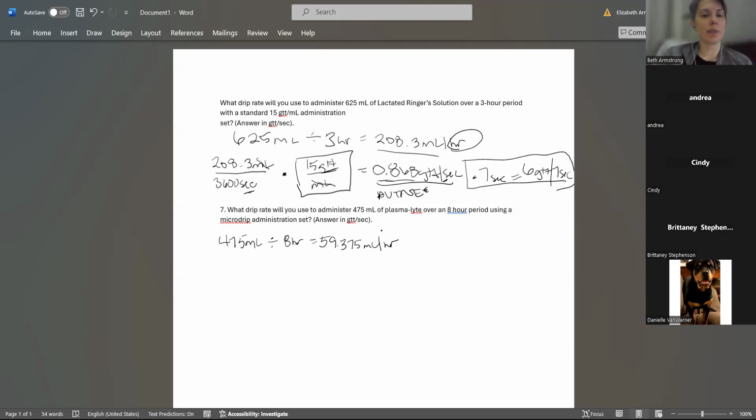So that was step one. What's our next step? Convert that to seconds. So we take our 59.375 mLs, and then how many seconds? 3,600 seconds. Very good. And then the other thing we have to put in here is our drops.